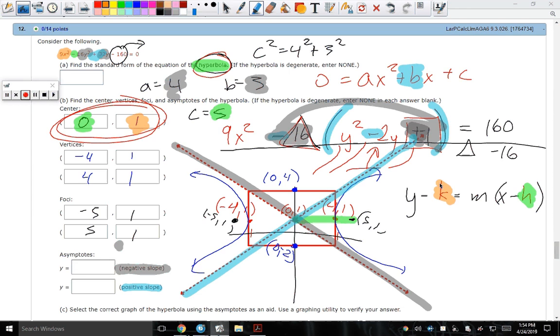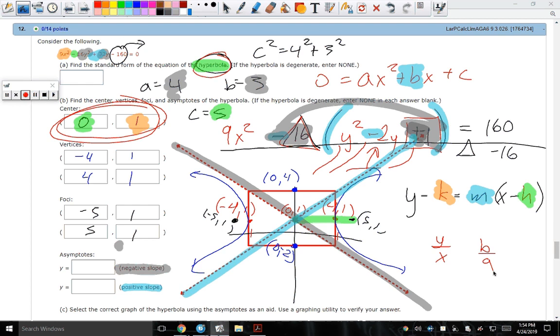Can someone tell me what gives me that value? So m is what? Slope? Okay, we've also learned this year that slope is y over x, sine over cosine. What did we learn this unit? What letters do y and x represent? B and A, right? So B over A.